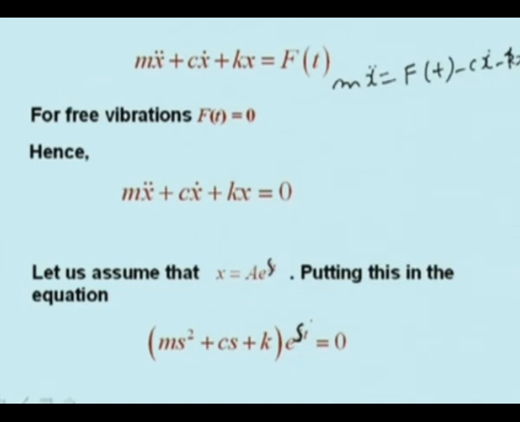Let us assume that one solution is x equal to A e to the power st. We have to put this value in the expression, then we see that (m s square plus c s plus k) e to the power st is equal to 0.